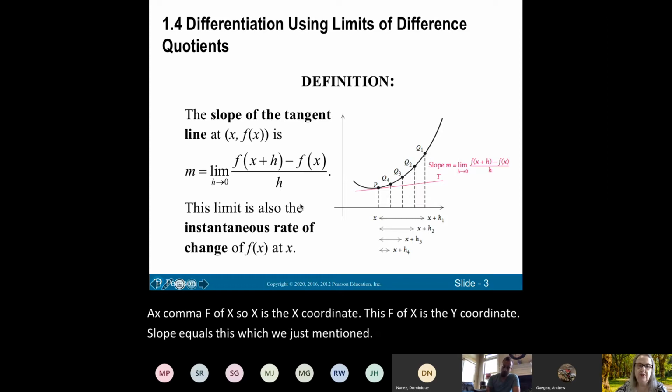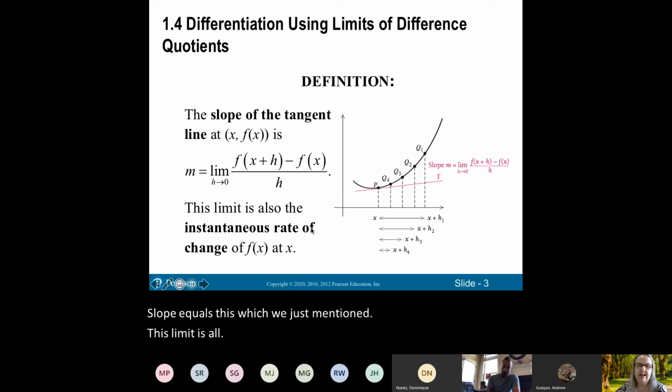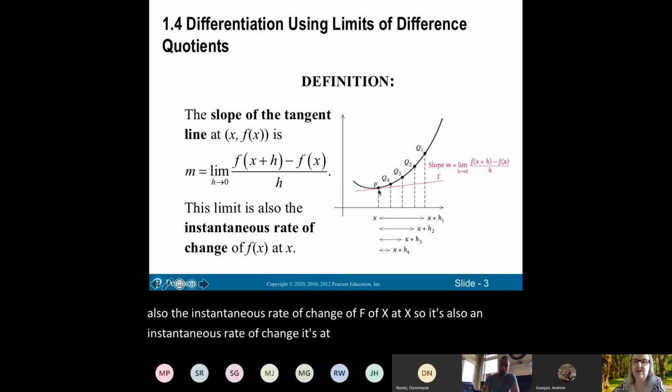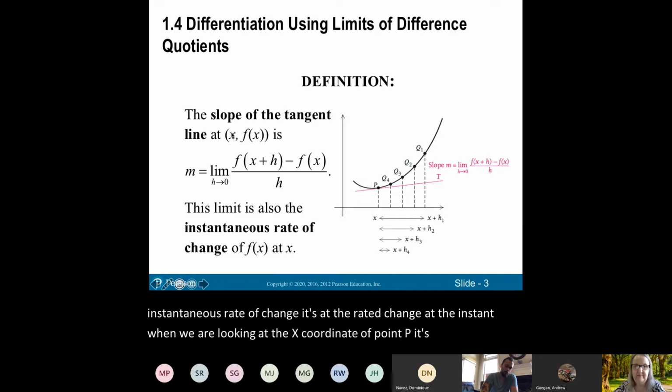This limit is also the instantaneous rate of change of f of x at x. It's the rate of change at the instant when we are looking at the x coordinate of point P, more precisely, at the point x comma f of x.